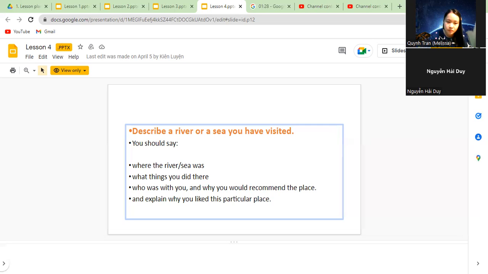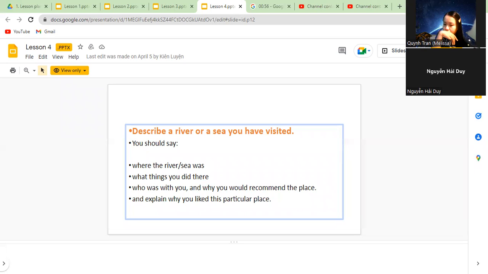I went on holiday at this beach for three days. I swam, enjoyed seafood and barbecue, and sometimes I joined in some festivals.